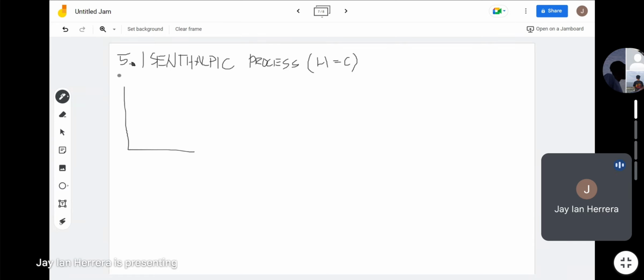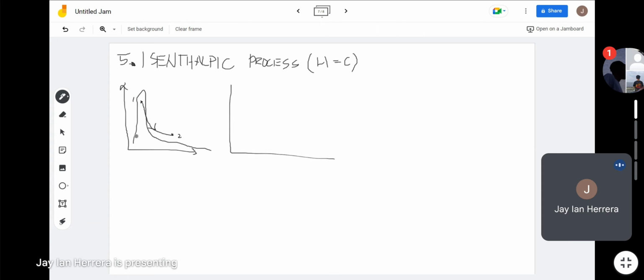Let's start by doing the PV. Last na to. So for isenthalpic, let's say this is our point 1. Make sure, movement is curve line lang palabas papuntang superheated, 1 to 2.